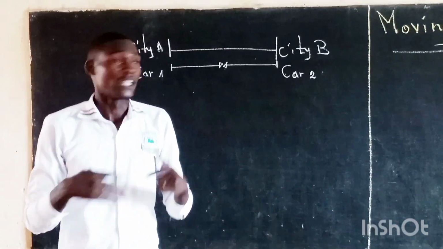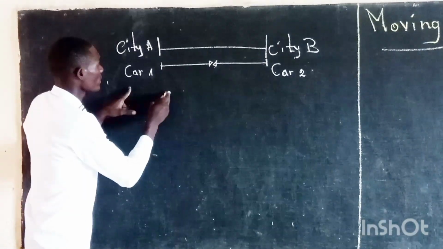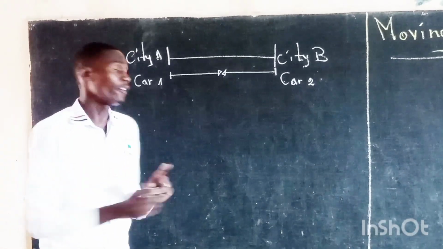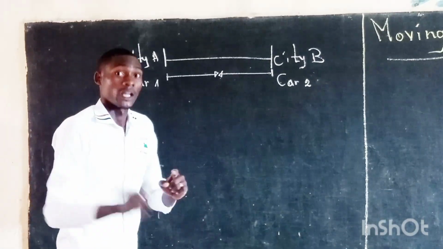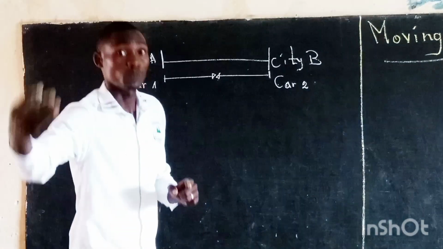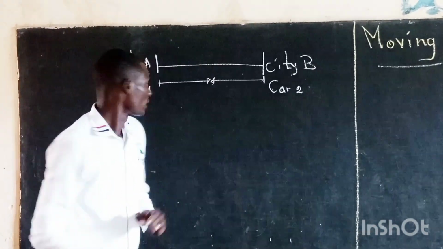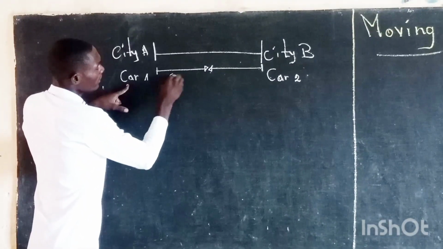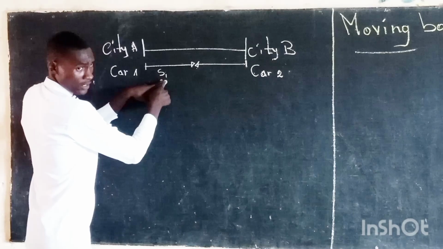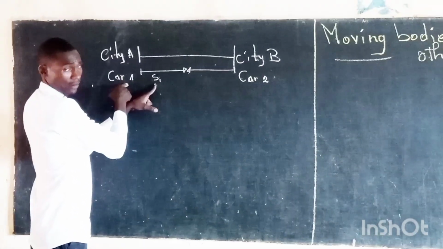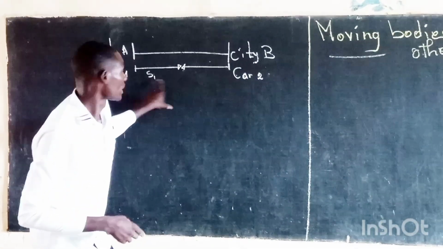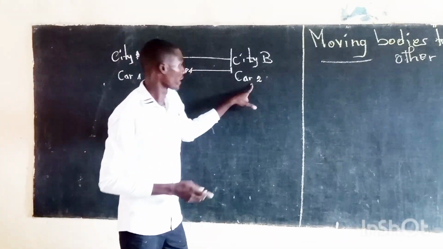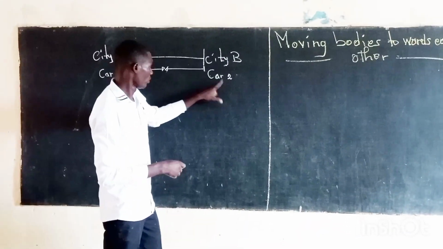In this chapter, we shall see the different speeds. For example, here there is what we call speed. Even if these cars are moving, they are moving by using speed, as you know. Now, car A is moving by using speed. The speed used by the first car is speed 1. And we shall have another car, car B, car 2.